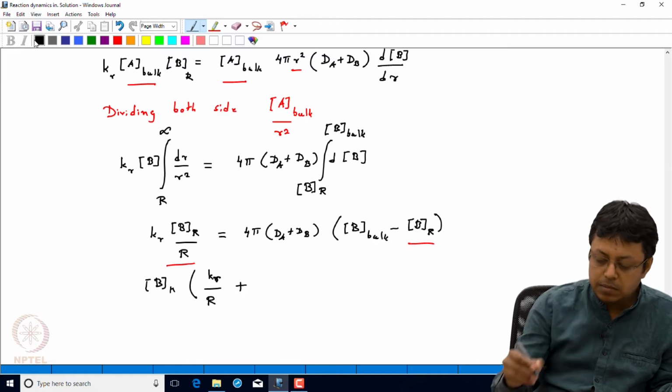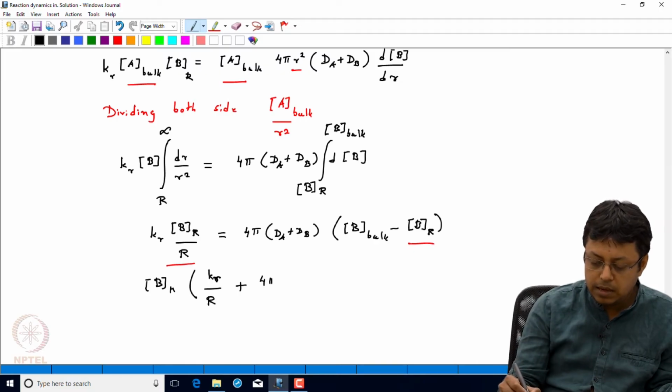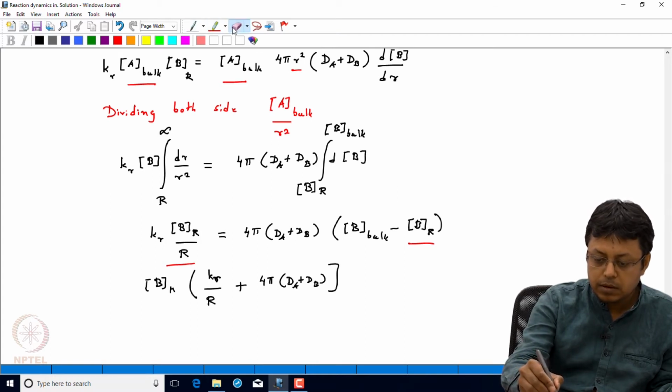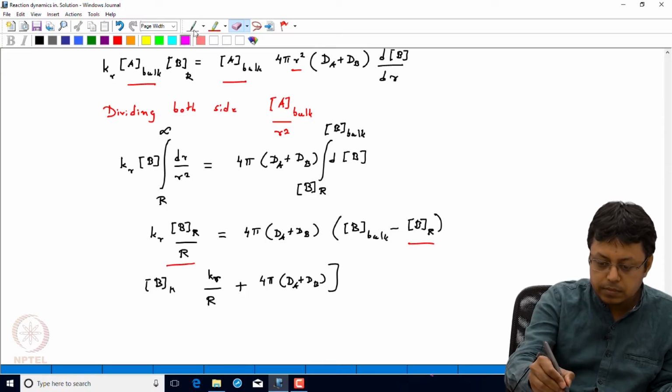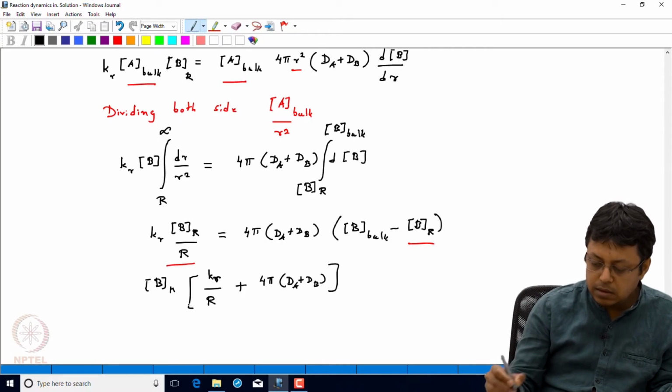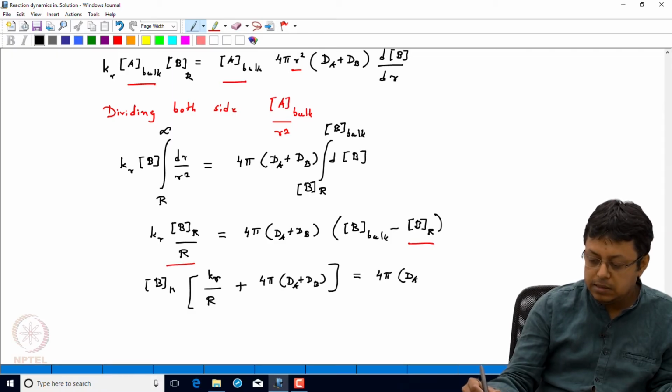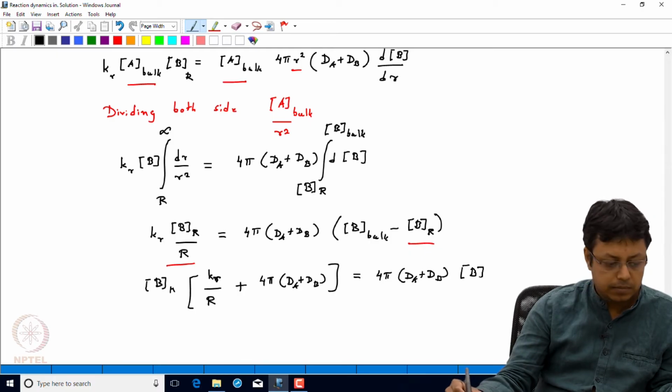So there is a constant which is 4 pi dA plus dB, and on the right hand side we have 4 pi dA plus dB times B bulk.